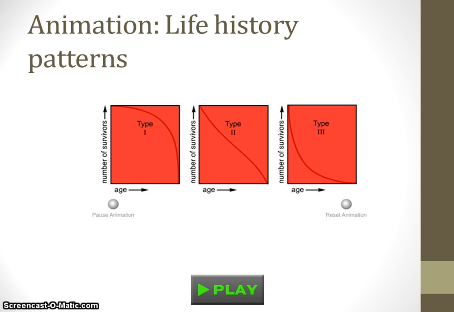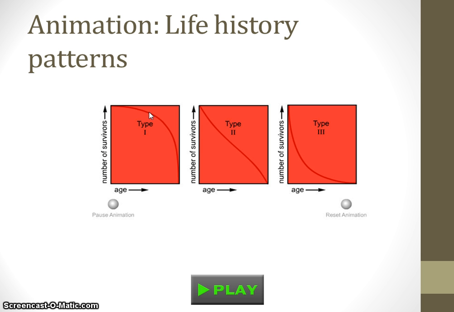Now that's true for all of the graphs. But at birth, we have a large number of survivors, and as time goes on, we see that most individuals of the species are living to old age, and then we start to see a dramatic drop-off. This would be like human beings. So most humans are going to survive their early years, and then maybe when we hit our teenage years, we make some unwise decisions.